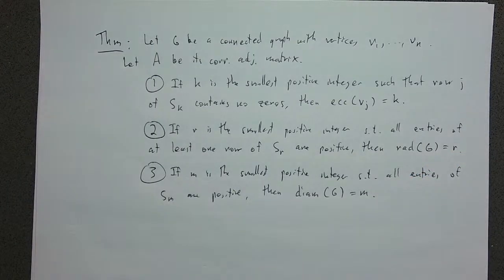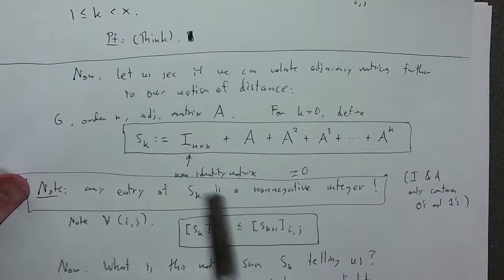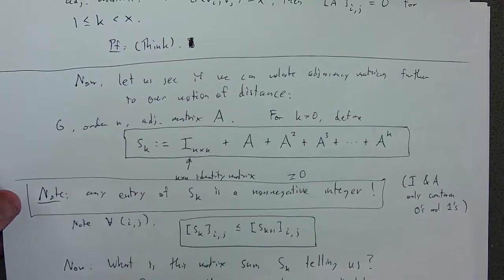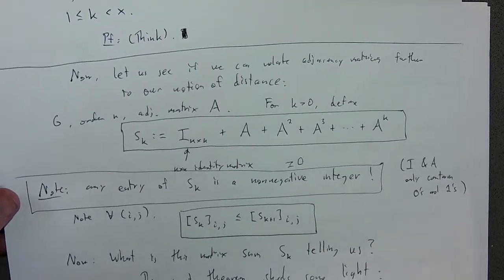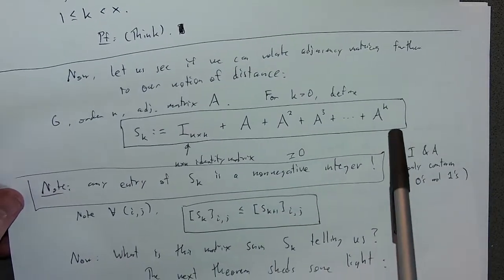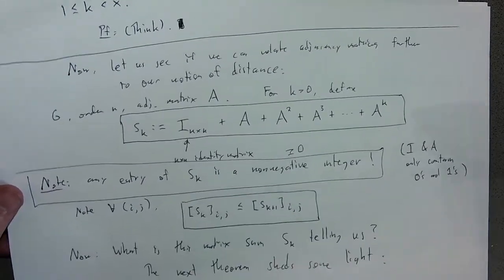Now, just structurally, why do these have to be the smallest positive integer? Because clearly, look at how the matrix sum is defined: you could just make K equal to 100 trillion, or the biggest number you want, and obviously this is going to be eventually all positive.